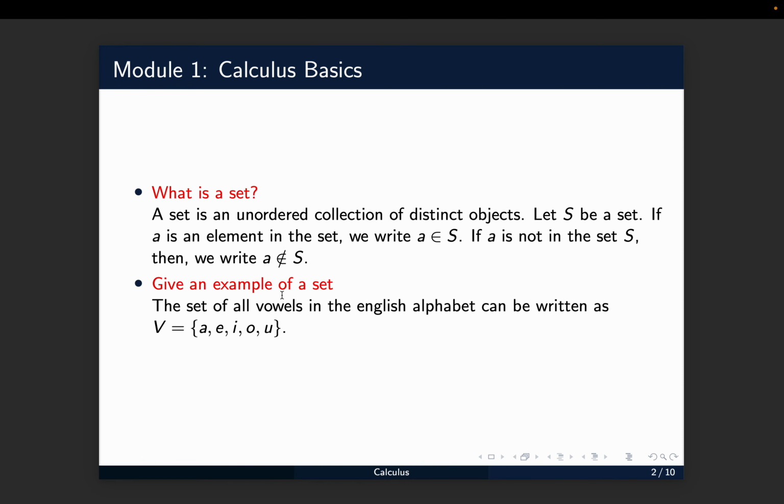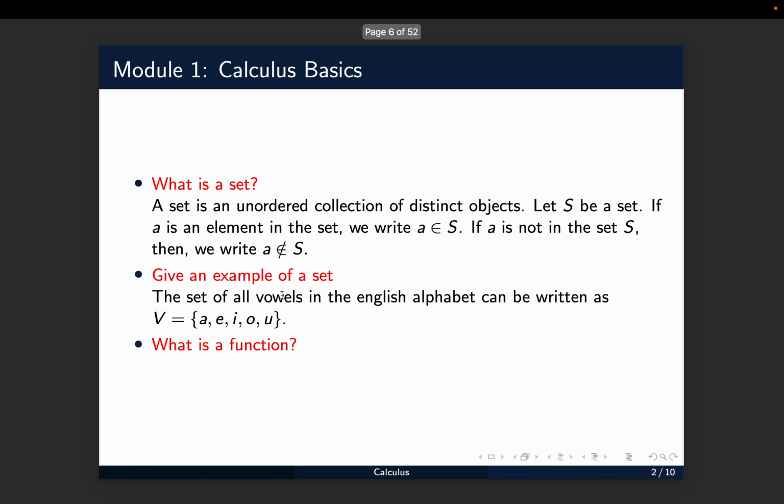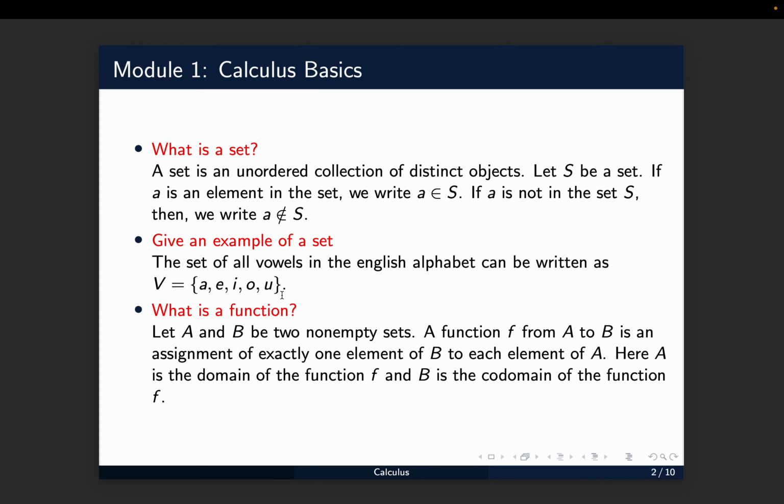So once we know what is a set, then we have to ask what is the definition of a function. Let A and B be two non-empty sets. A function f from A to B is an assignment of exactly one element of B to each element of A, and A is called the domain of the function f and B is the codomain of the function f.